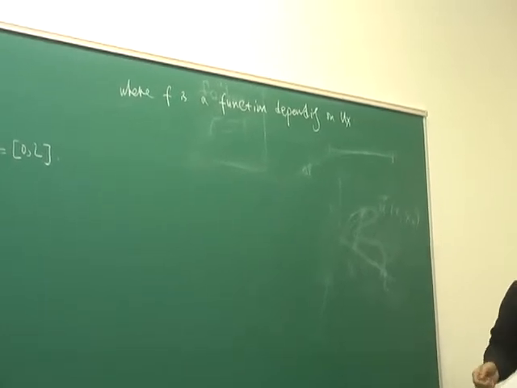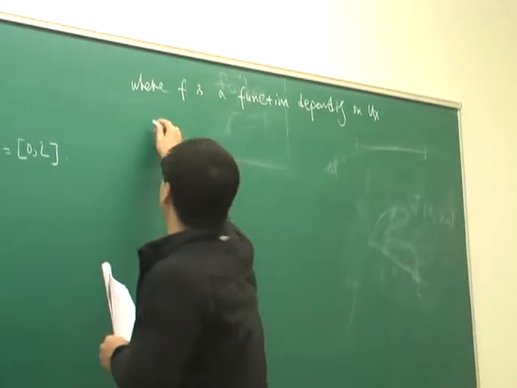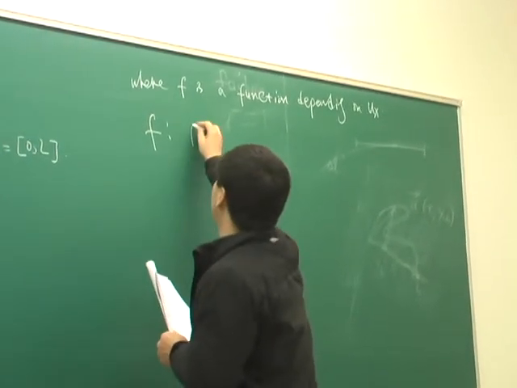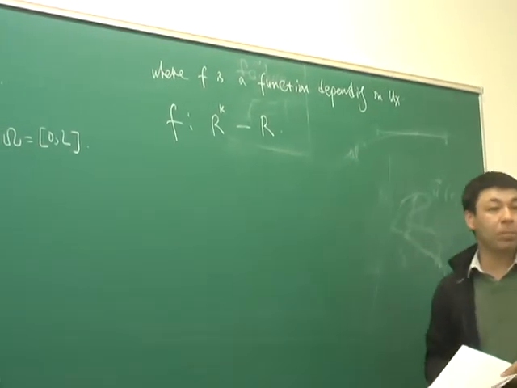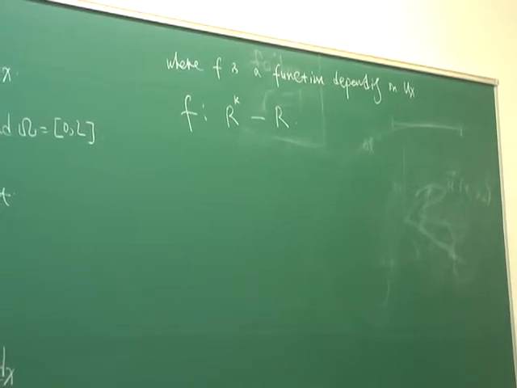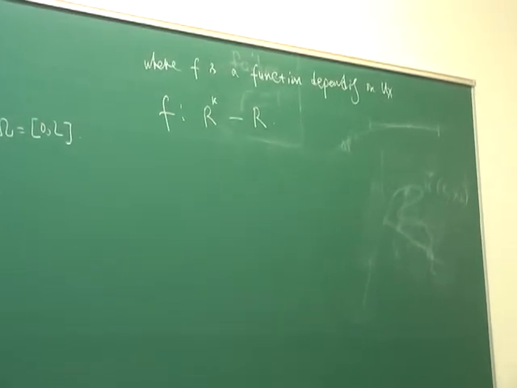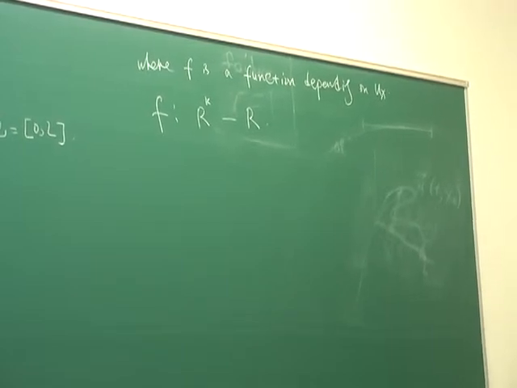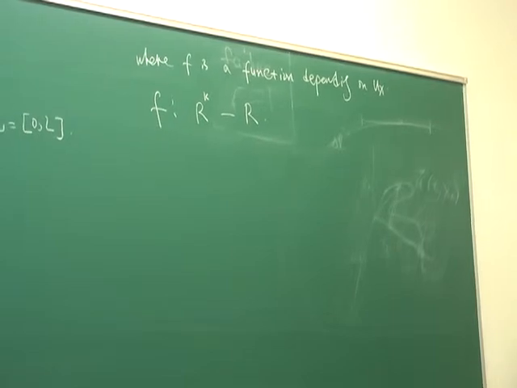So it doesn't say what function, just some function. Explicitly, it doesn't say what kind of function. So an arbitrary function. It depends on the properties of the spring, the properties of the material.